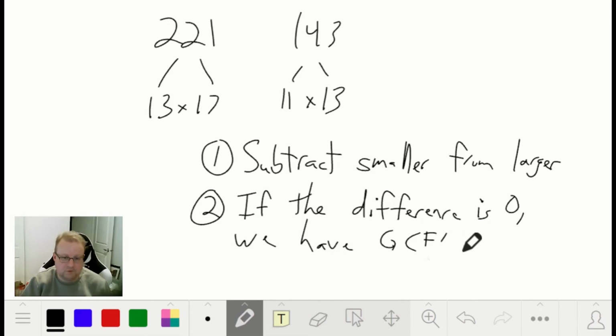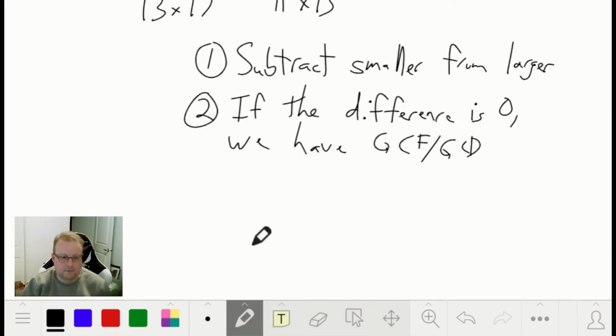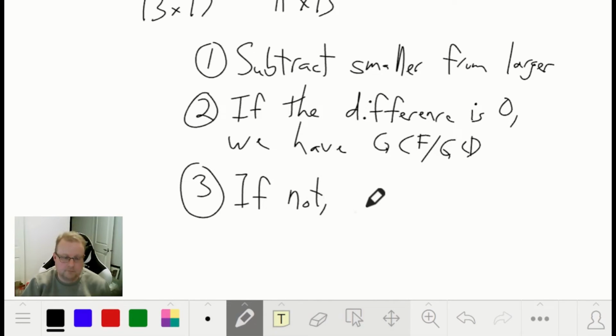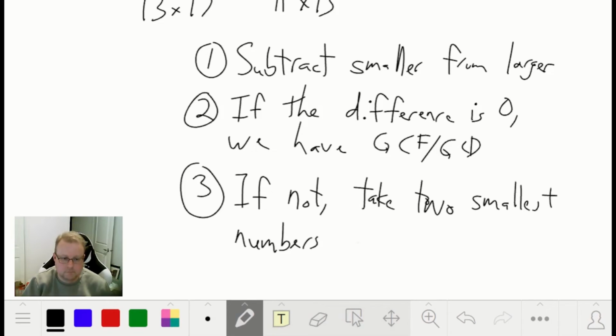So the GCF or GCD, according to your local vocabulary. If not, we take our two smallest numbers and return to step 1.